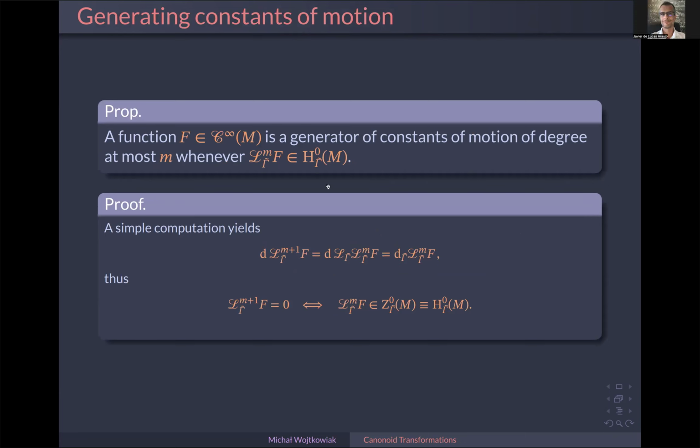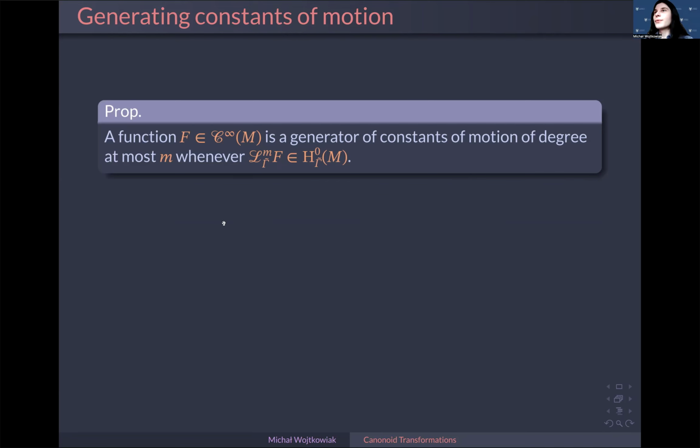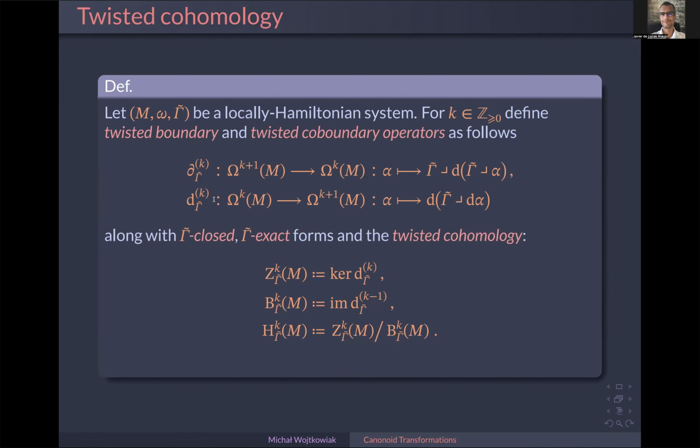Sorry, Michał, may I ask a question? Have you tried to relate the commutator between both cohomology operators, of the boundary and the co-boundary? Yes, I think that is in my thesis somewhere, but I don't remember the result.